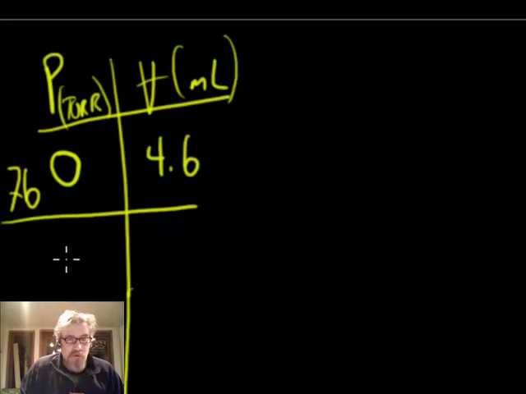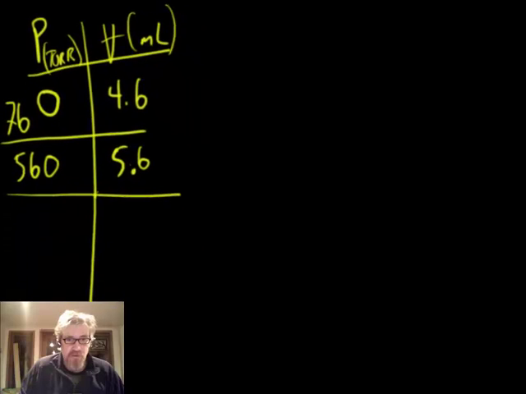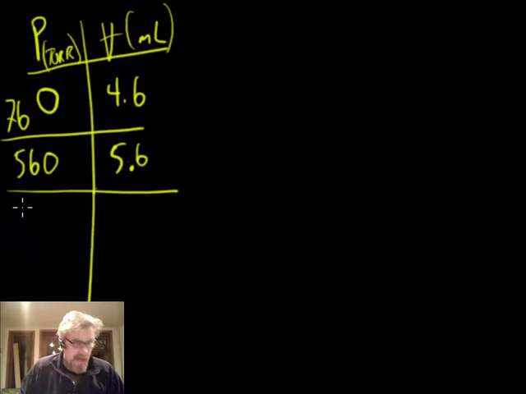When the pressure was 200 millimeters of vacuum, or 760 minus 200, that would be 560 torr of pressure, the volume in the syringe was 5.6 milliliters. At minus 300, in other words 760 minus 300, or 460 torr, the volume was 7.